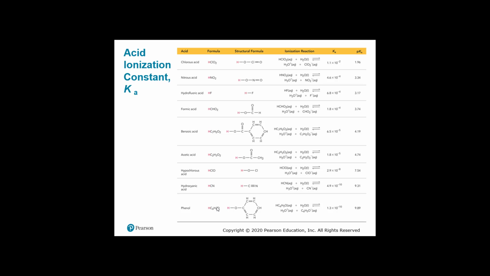Again, if you look first, here's the name, and the pink hydrogens are the proton that comes off. Then you see the structural formula and the ionization reaction. This is a pretty good slide that shows you a lot of what's going on: the Ka and the pKa, which is what I'm going to discuss next.